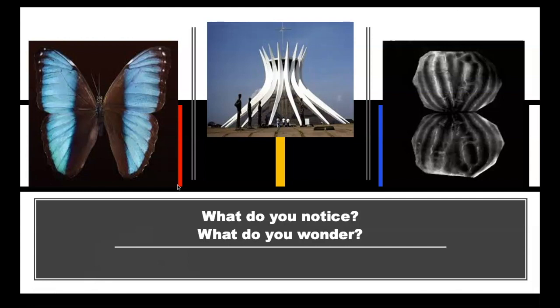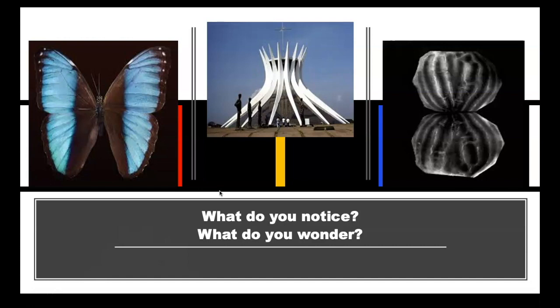The building is symmetrical, and most architects try to make things as aligned or symmetrical as possible. And then this is just a mirror image of, I don't know if that's a rock, but whatever that object is, it's just a mirror image. It's like they set it on a mirror and that's what you see. So your line of symmetry is horizontal in this case.